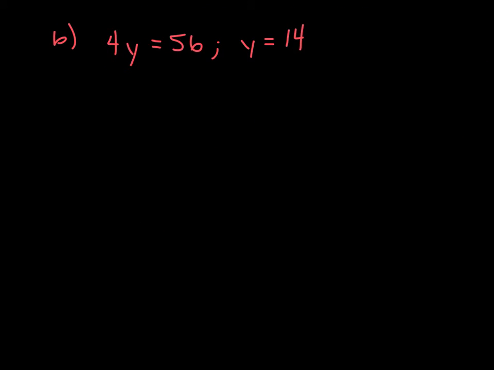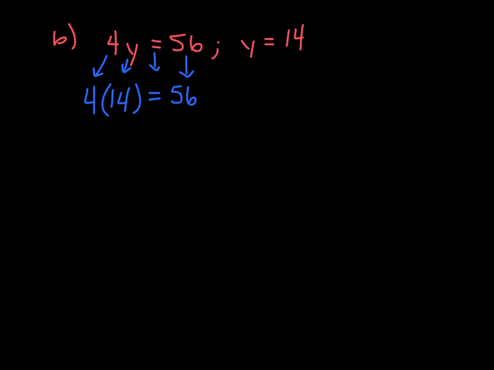So now I have 4y, which means 4 times y, and it equals 56. We're going to let y equal 14. Let's see if it checks out. So we keep our 4. We put in parentheses our 14, or you could put 4 times 14, because all I did was plug in my y, leave my 4, leave my equal sign, and leave 56.